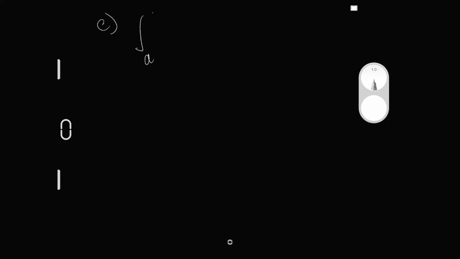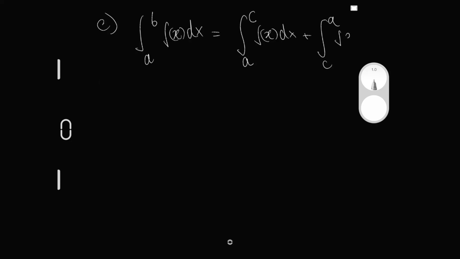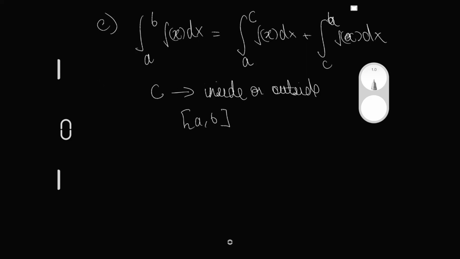So integral of a to b of f of x dx is equal to integral of a to c f of x dx plus integral of c to b f of x dx, where c may lie inside or outside the closed interval a comma b.